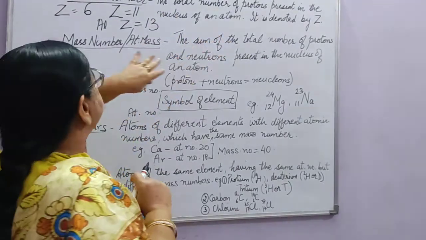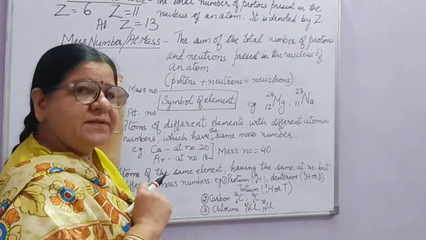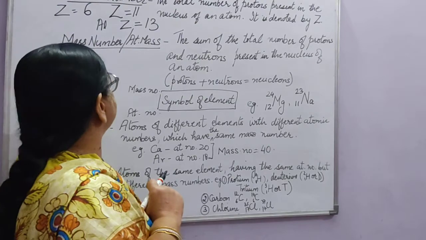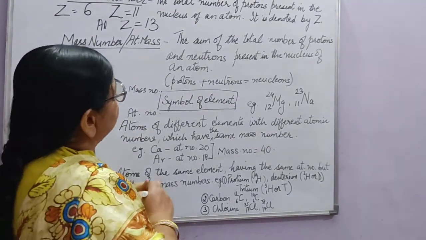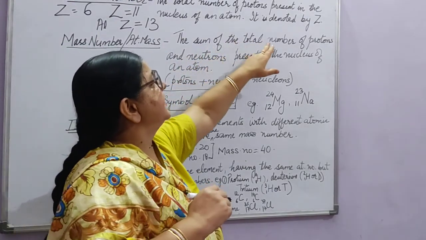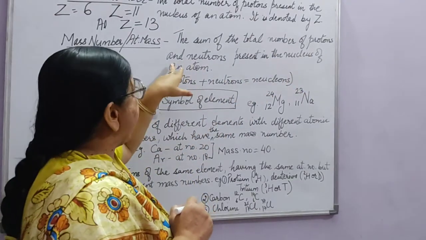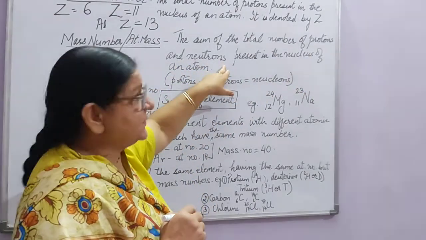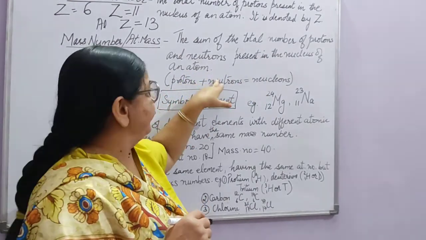Right? Next is mass number or the atomic mass. That is the same, whether we say mass number or atomic mass. So this is defined as the sum of the total number of protons and neutrons present in the nucleus of an atom.